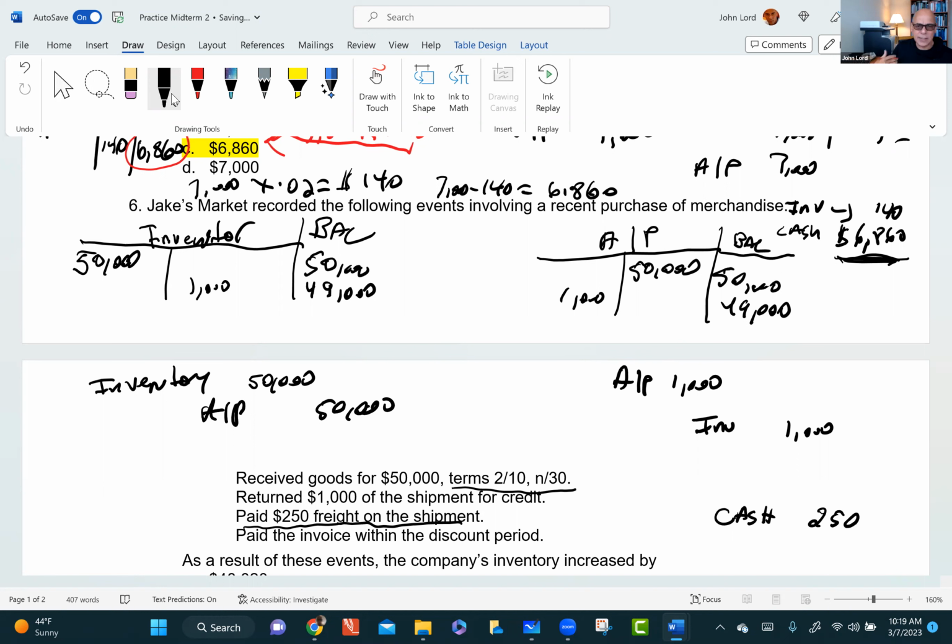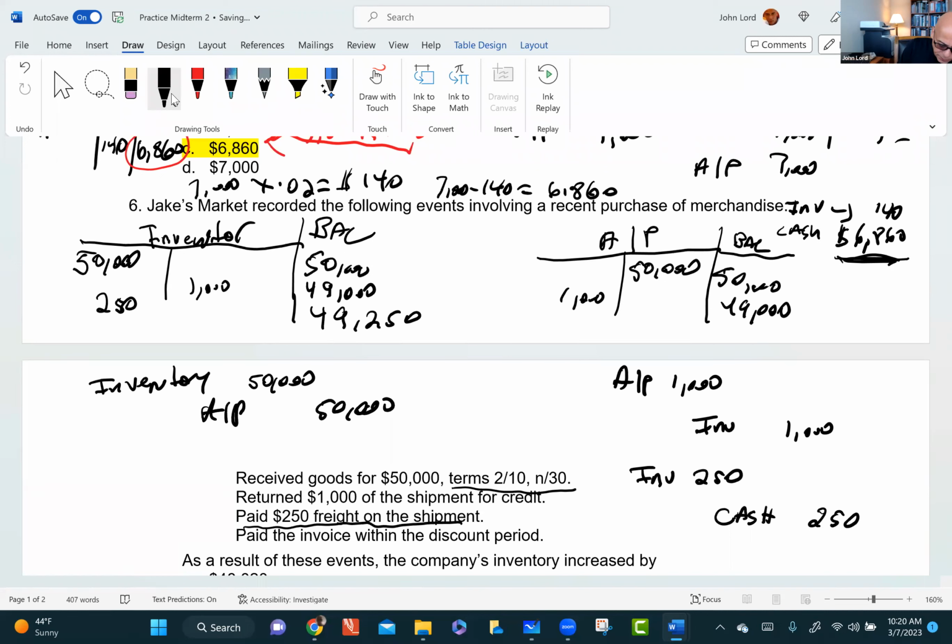Or you take a taxi, you pay as soon as they give you the ride. That's usually how delivery works. So I credit cash for 250, and since that payment is getting that asset to my business so I have inventory to sell, I debit inventory for 250. I'm not going to tee up cash here. So now the inventory account shows 49,250.